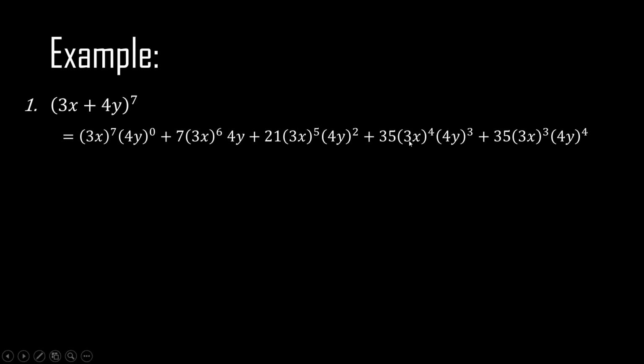So the first term here will be, so it is said that the first term to expand this polynomial is its first term raised to this power, times the second term raised to 0, because as it has been discussed, the exponent of the first term will decrease by 1 term by term, and the second term will increase by 1 through the equation term by term.